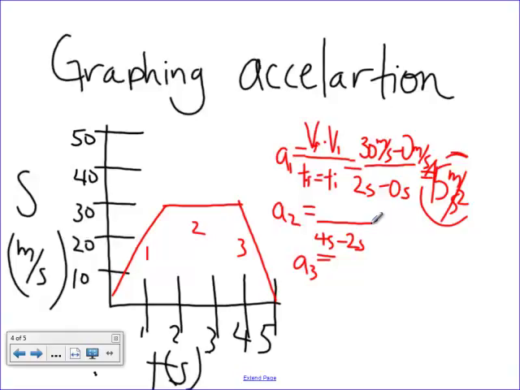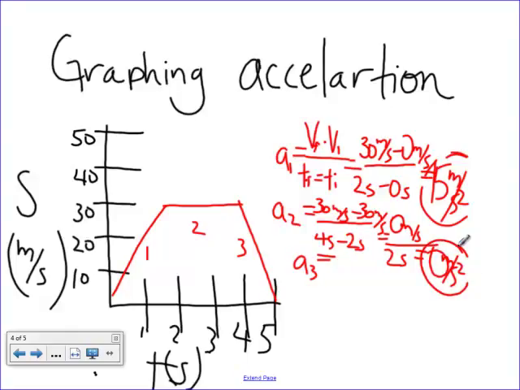And its final speed is 30 meters per second, and its initial speed was 30 meters per second. So I have 0 meters per second over 2 seconds. That is 0 meters per second squared.